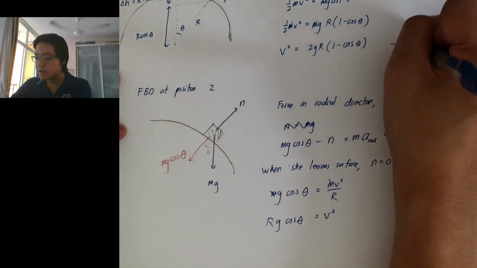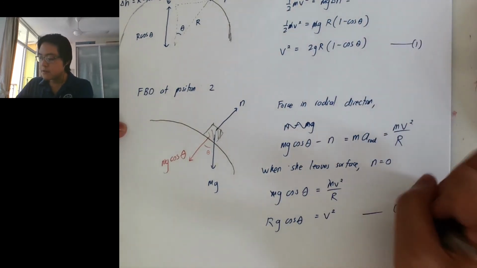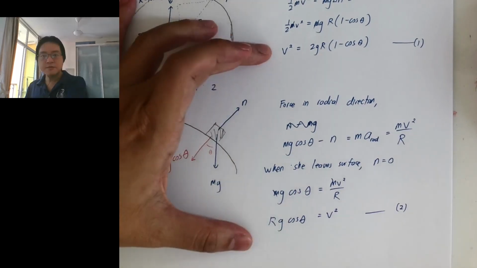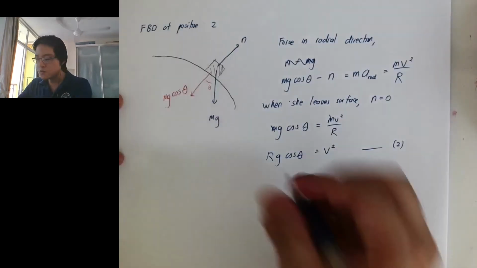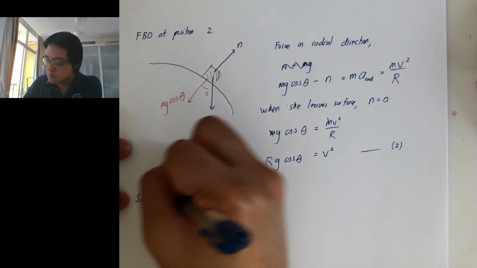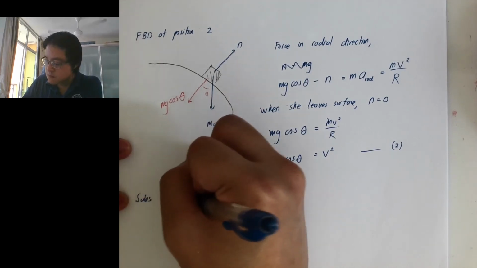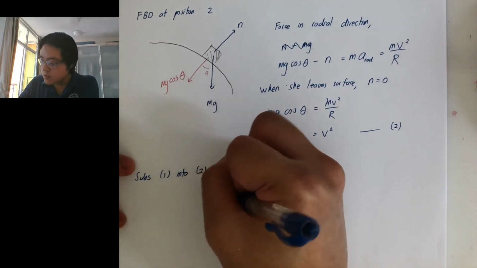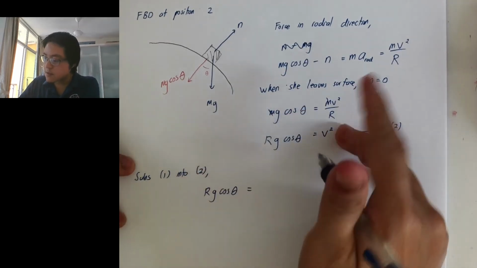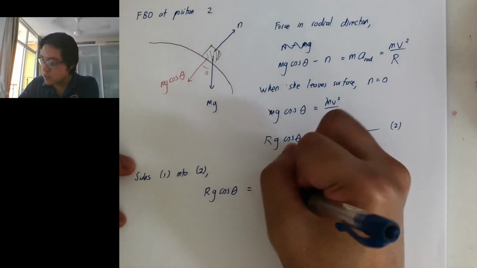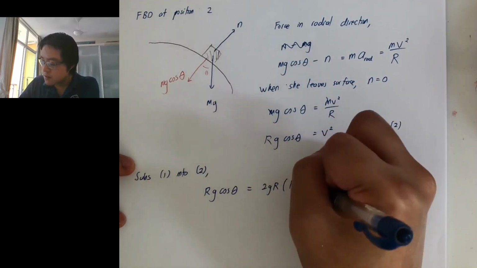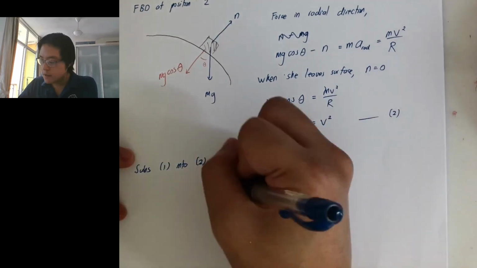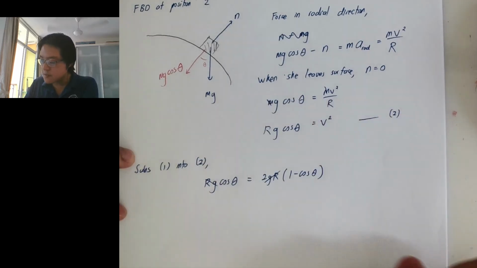I got the equation for v squared, which I can substitute here. So I'll just substitute equation 1 into 2. Then I got Rg cos theta equals, after I put it in, 2gR(1 minus cos theta), right? So gR and gR will cancel.